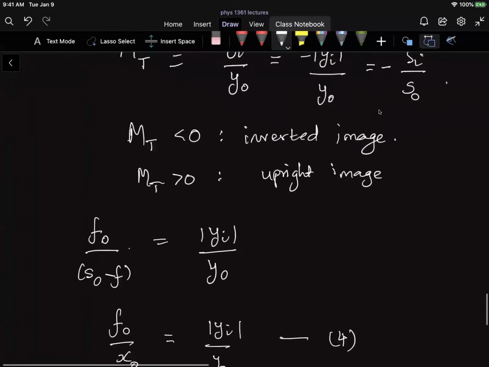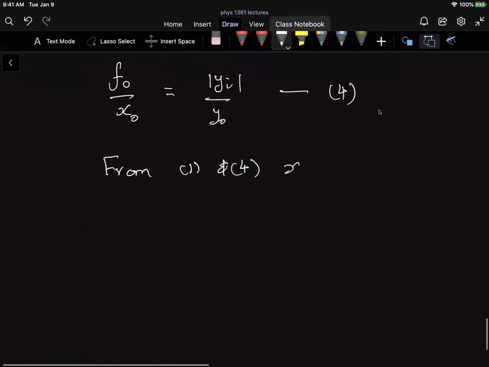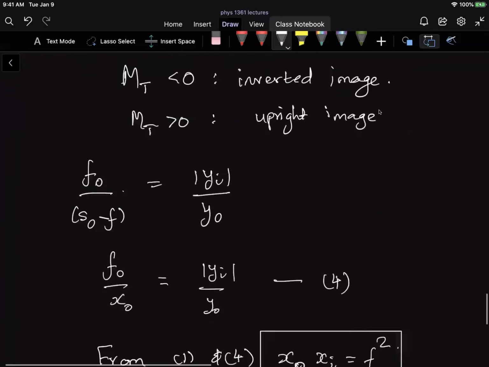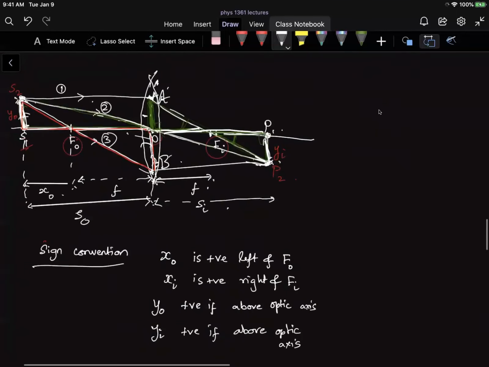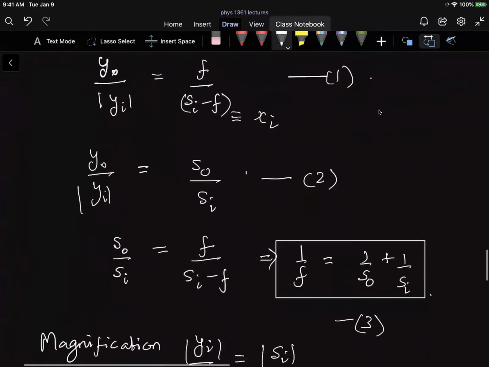Therefore, Xo Xi is also equal to F squared. And this is a nice, again, simple way to know where your image and object are going to be relative to the focal point of the lens.